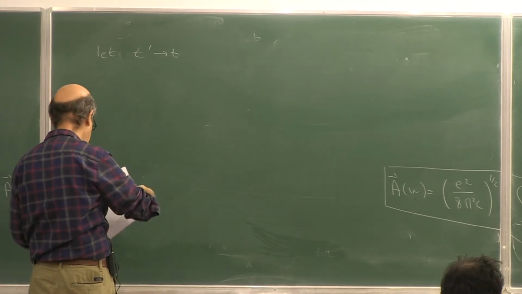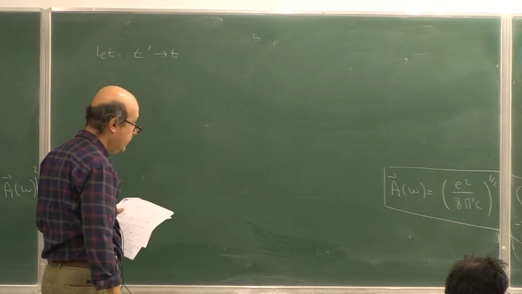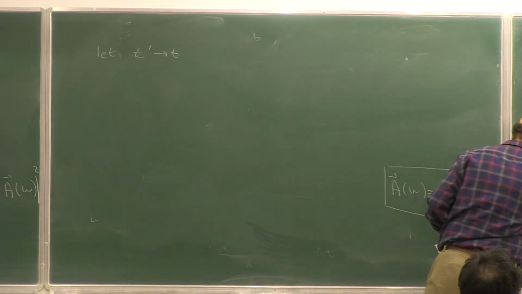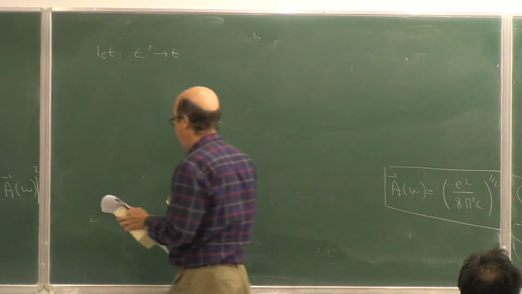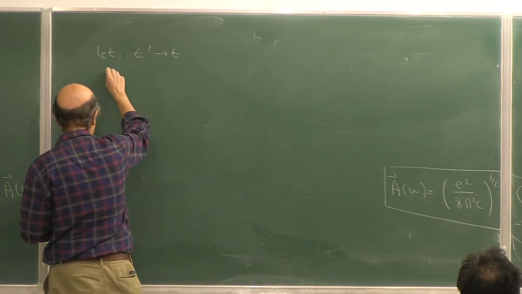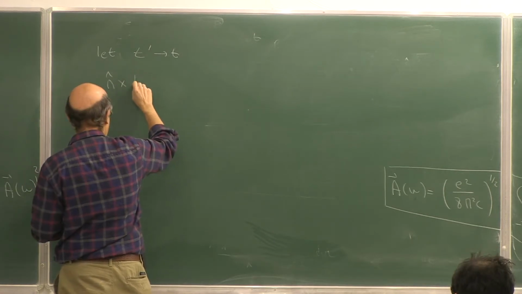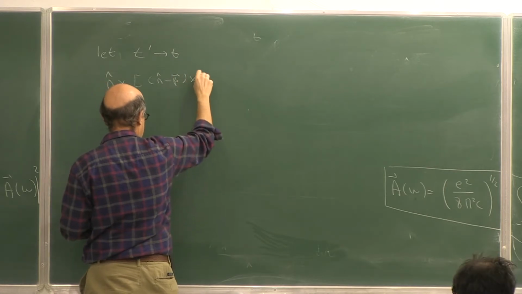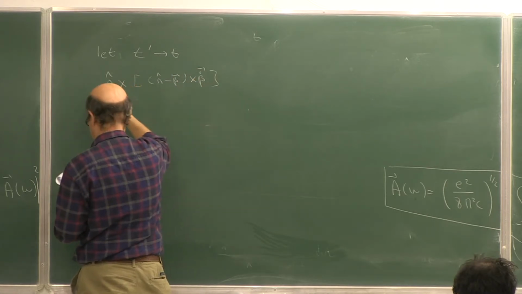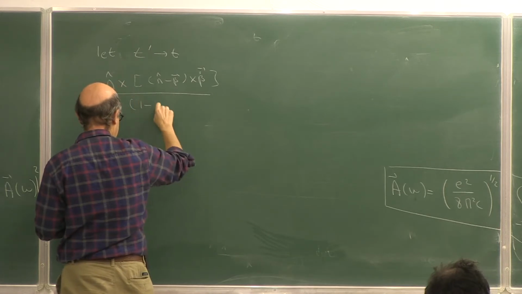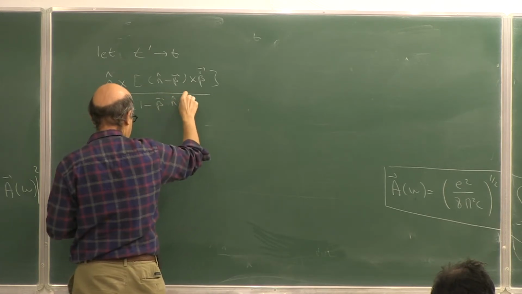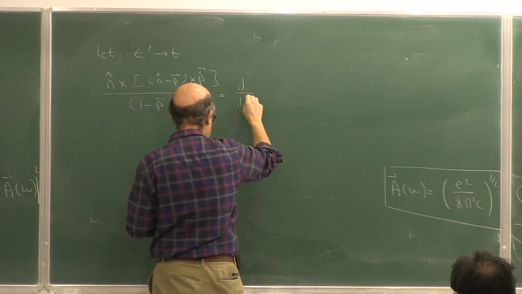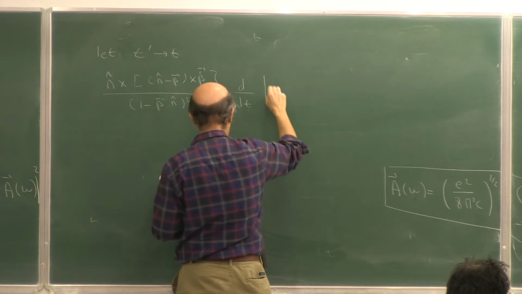And there is another thing. This part of the integrand, n cross n minus beta cross beta dot over 1 minus beta dot n squared, could be written as the time derivative of this quantity.